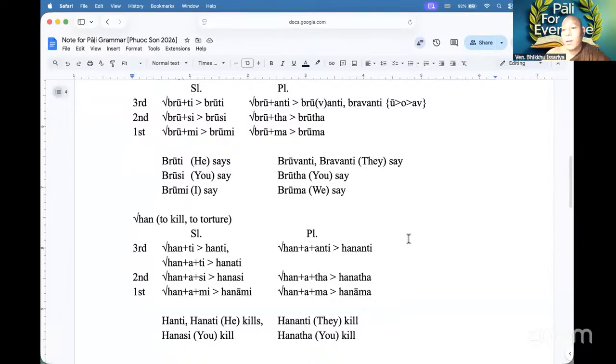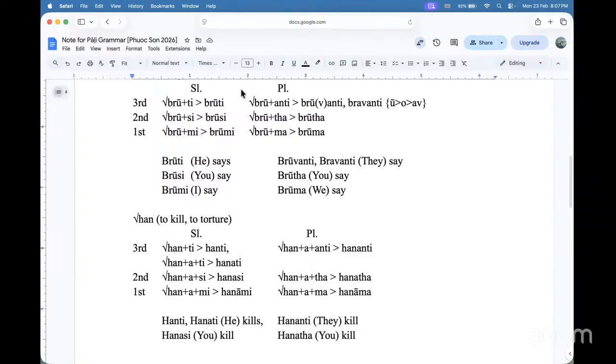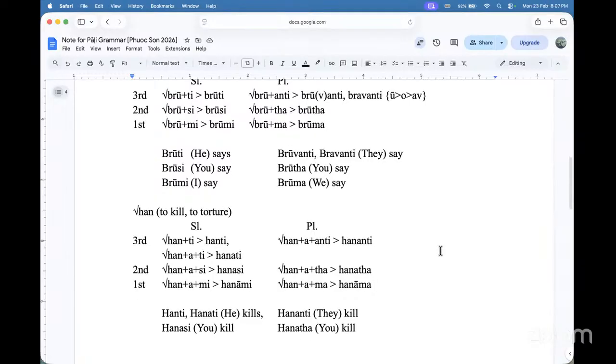Okay, so now, is there any question? So one root has two formations, first with a sign and second without it.